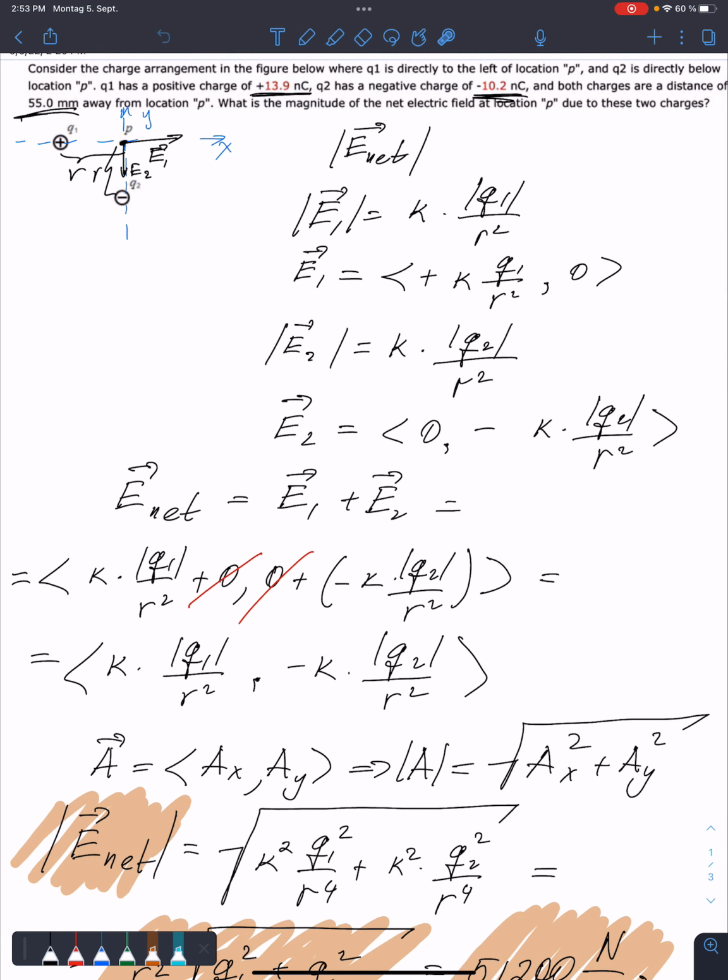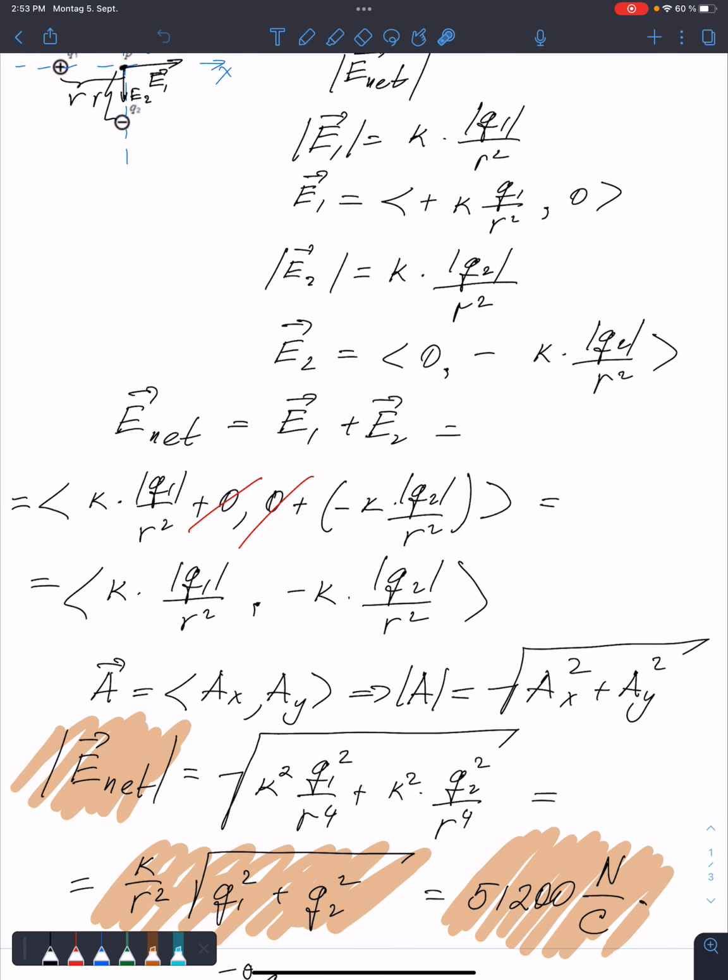Now I would like to write the components. Again, from the figure, it's clear that the x component of the electric field due to charge number 2 is 0, and the y component will be negative, because it is opposite in direction to the y-axis. Okay, negative, and that's the value.